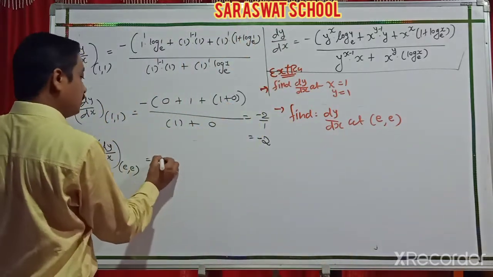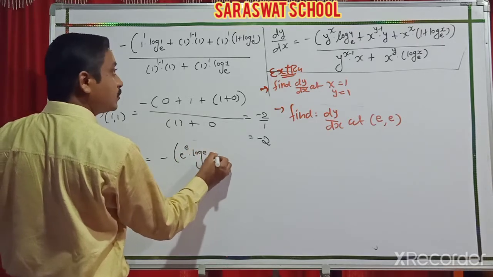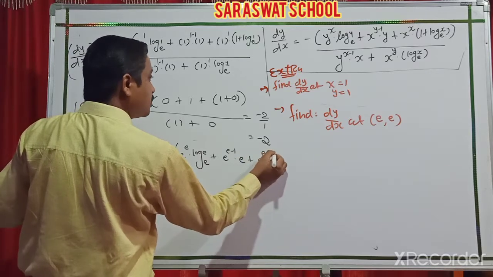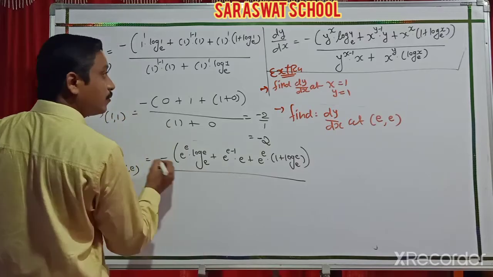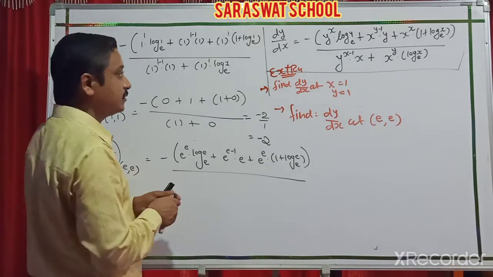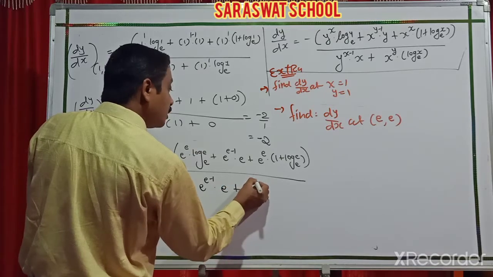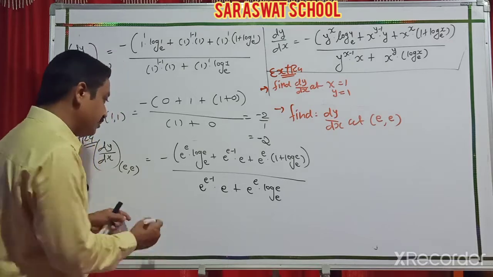My answer is e raised to e log e base e raised to e minus 1 into e, and e raised to e into 1 plus log e base e, upon the same as e raised to e minus 1 into e and e raised to e log e base e. I hope you know log e base e is 1.